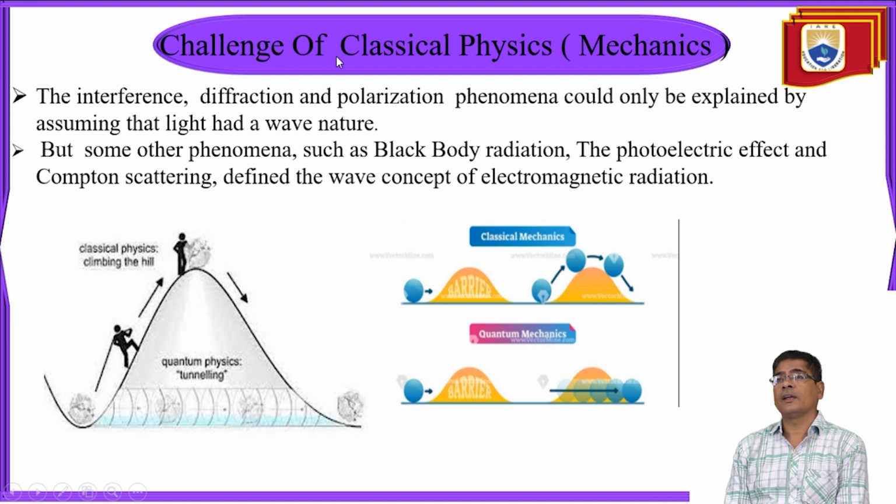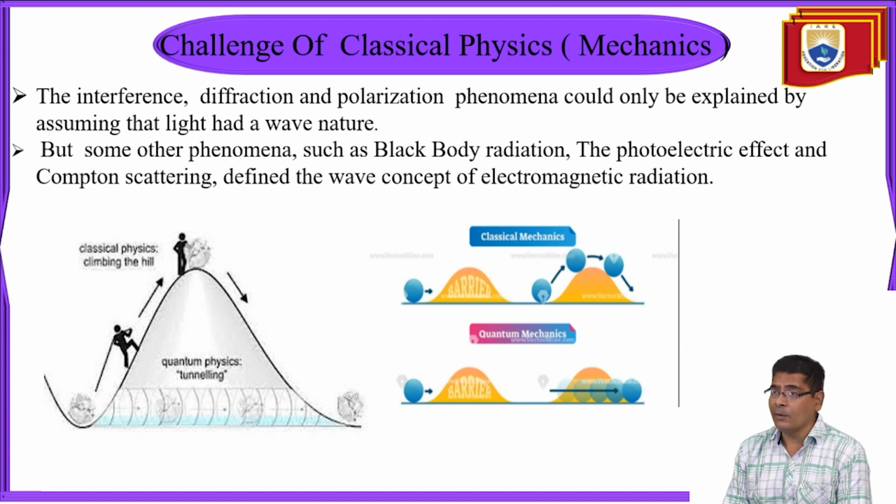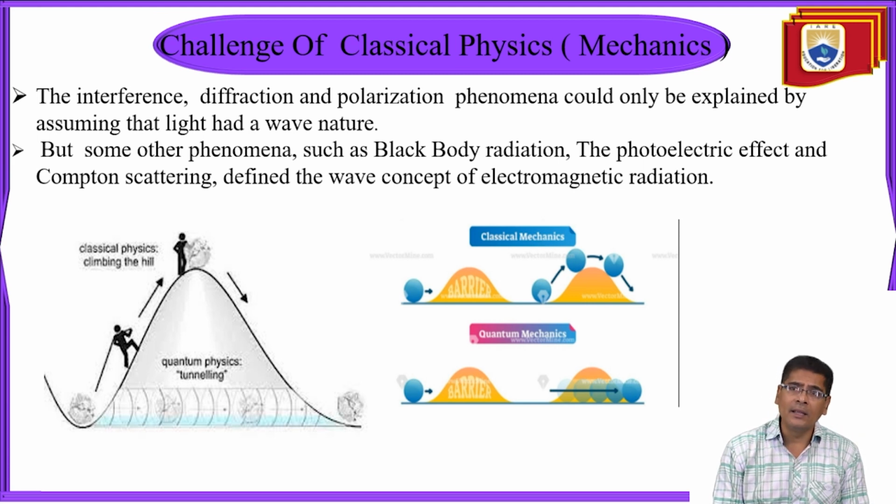That is the challenge of classical physics, that is, classical mechanics. As I told you, the challenge of classical physics means the gaps where classical physics was unable to explain, which were successfully explained by quantum theory.